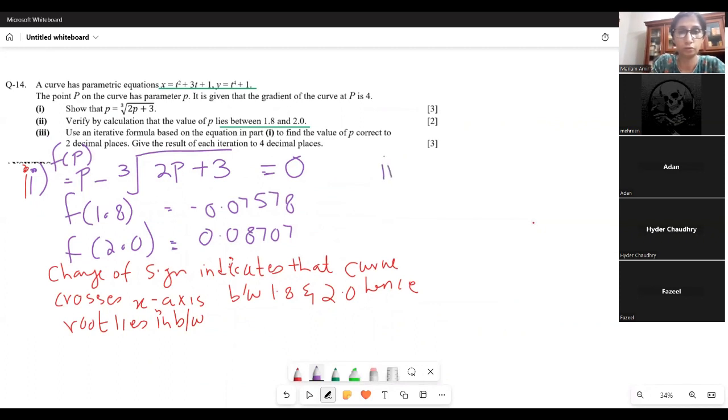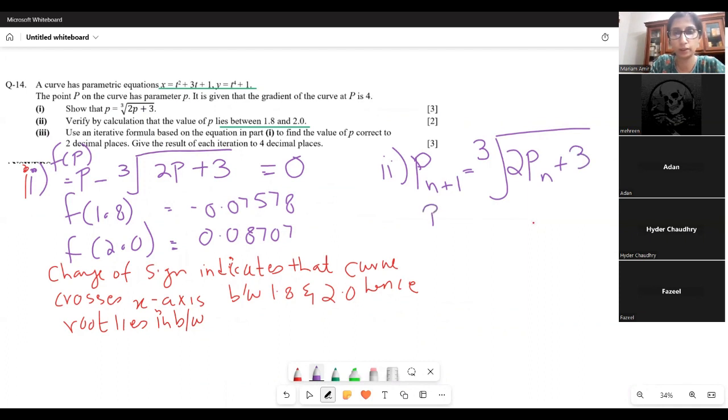So in part 2, you write P(n+1) equals cube root of 2Pn plus 3. P1 could be the first value given to you, 1.8. P2 would be cube root of 2 times 1.8 plus 3.